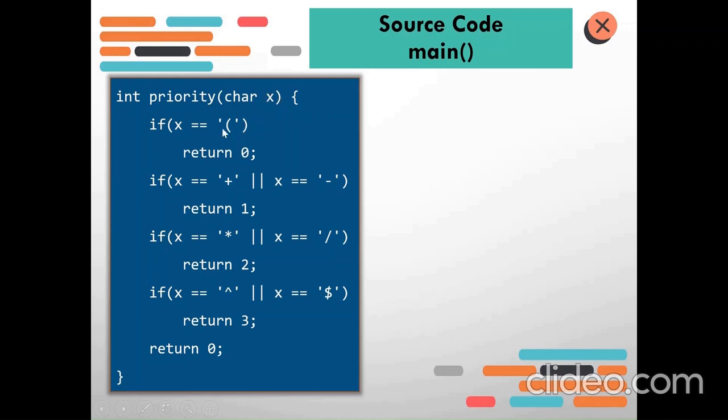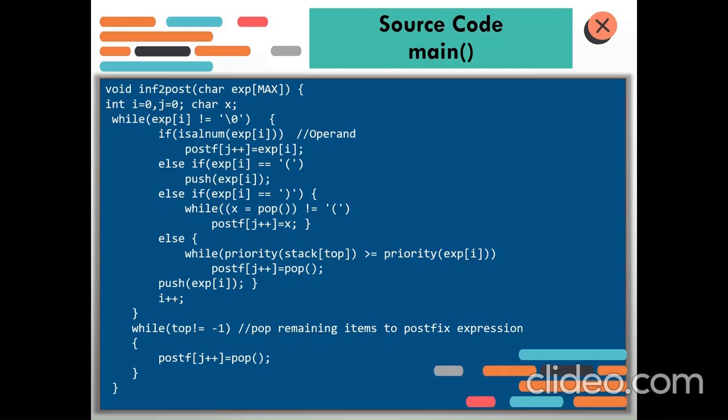So if x is the opening bracket, then 0 would be returned. For plus and minus, 1 would be returned. For asterisk and division operator, a slightly higher value of 2 would be returned, and for the exponentiation operator, the highest value of 3 would be returned, right? So let us go back to where we were.